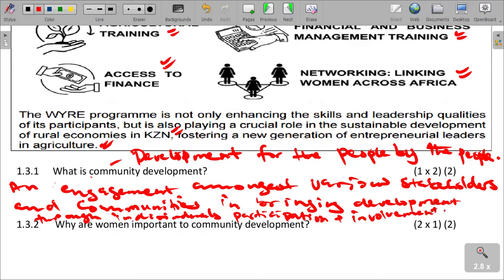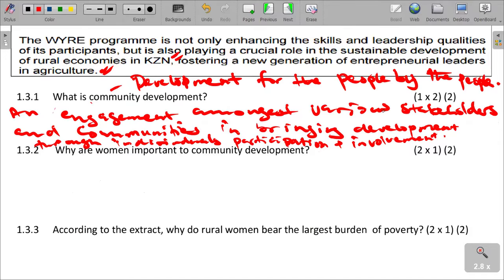So members of the community are involved in terms of development, and these people are the ones coming up with changes in their community, and the changes that they are bringing in are specifically uplifting their livelihoods. For example, we can say building infrastructure like schools, roads, and all those.